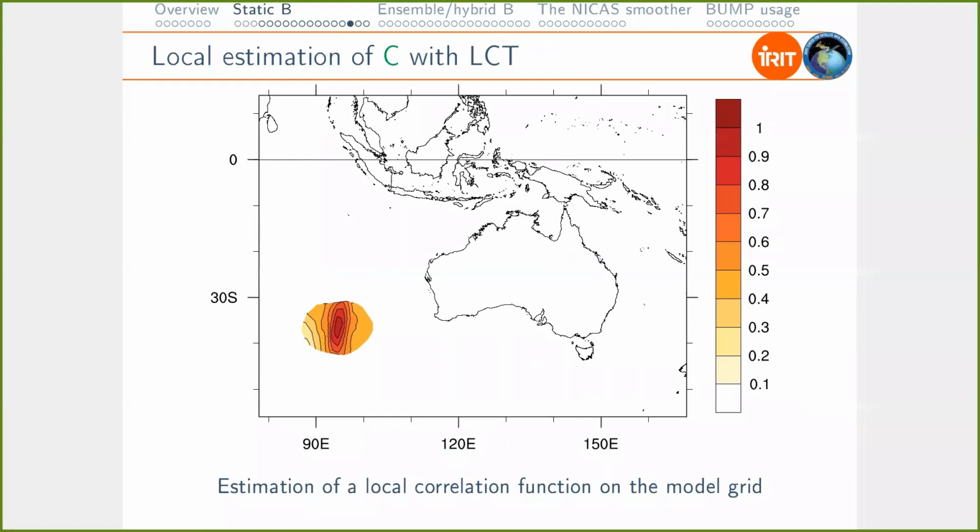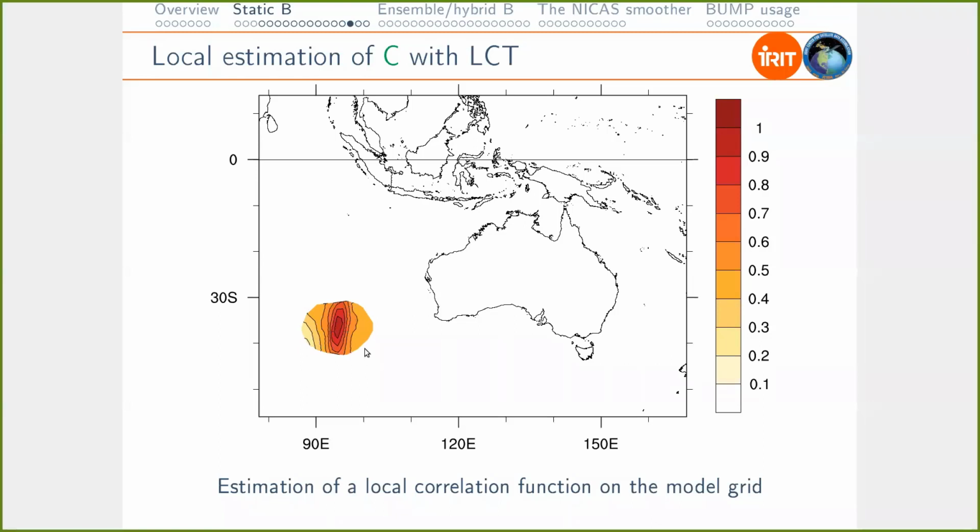There is another way in BUMP to compute the correlation functions, and it's using the LCT, the local correlation tensor. If you want more details about the LCT, you can have a look at the Anthony Weaver papers. It's mostly for the ocean. Here we have computed the correlation function on the model grid.